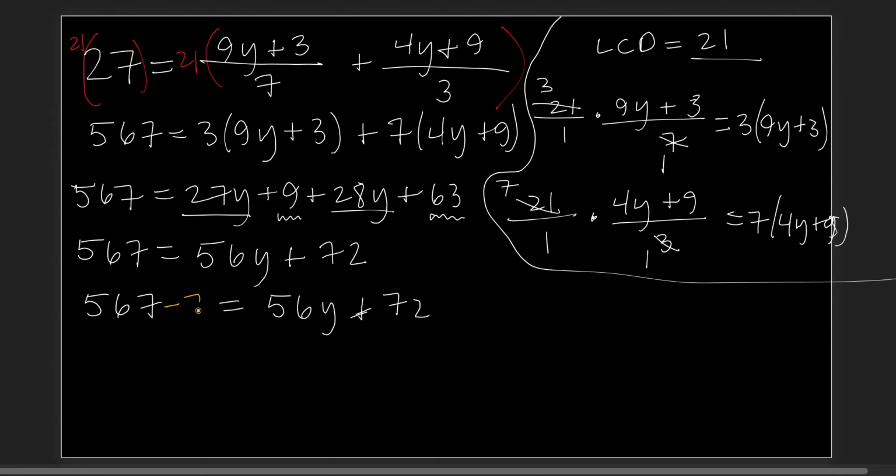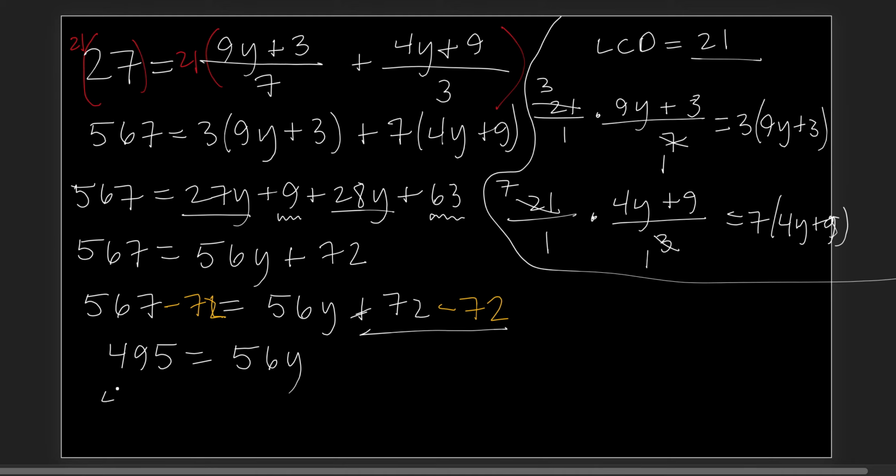So minus 72 here, minus 72. So 567 minus 72 is 495. And this adds up to 0, so that's how 56y gets left by itself.